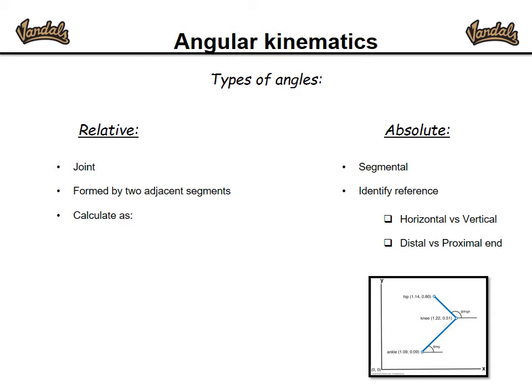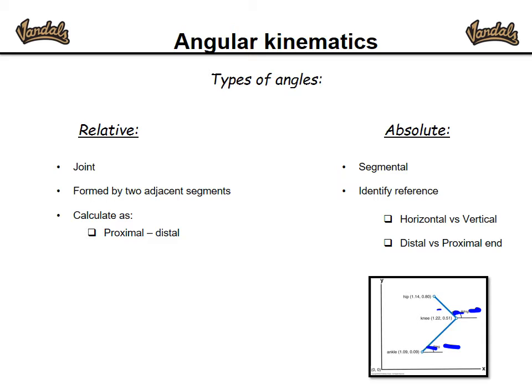So if you look over on the right again, if you calculate the angle of the thigh and you calculate the angle of the leg, it's going to come out to be proximal minus the distal. So proximal is the thigh angle, the leg is the distal angle.